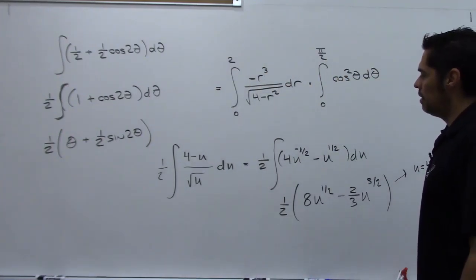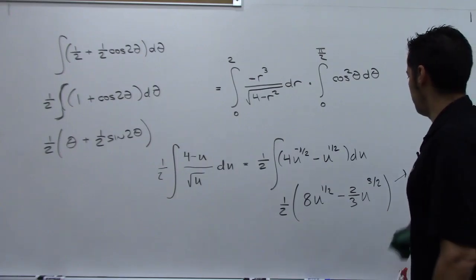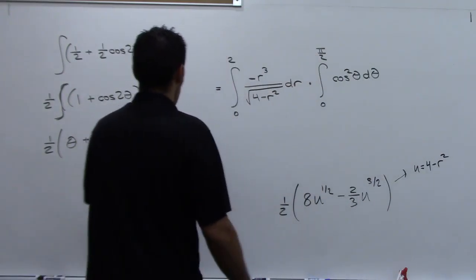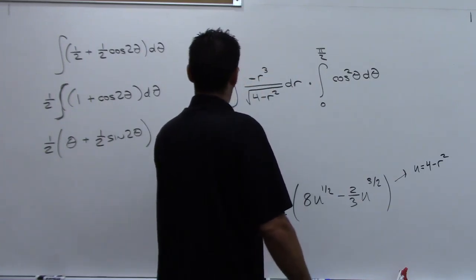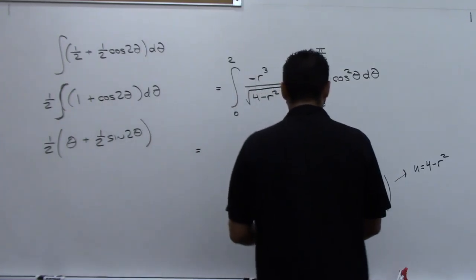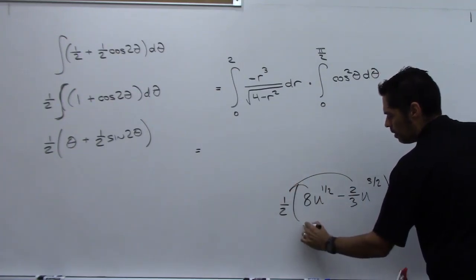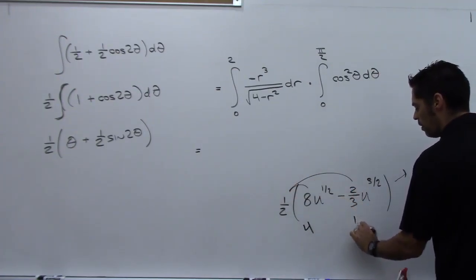I think we're ready. So we will now evaluate both of these integrals. This one is this, and why don't I just pass the 1/2 through here? 1/2 and 1/2. That'll be a 4, and over here that'll be a 1/3.